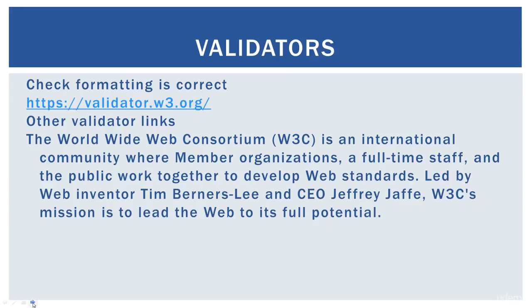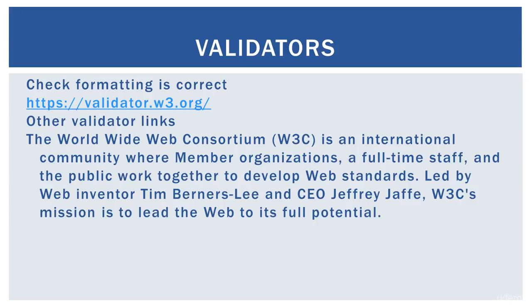So in order to create HTML, there are validators, and there's a consortium called the World Wide Web Consortium, W3C. This is an international community of member organizations, and they help guide the development of web technologies such as HTML.